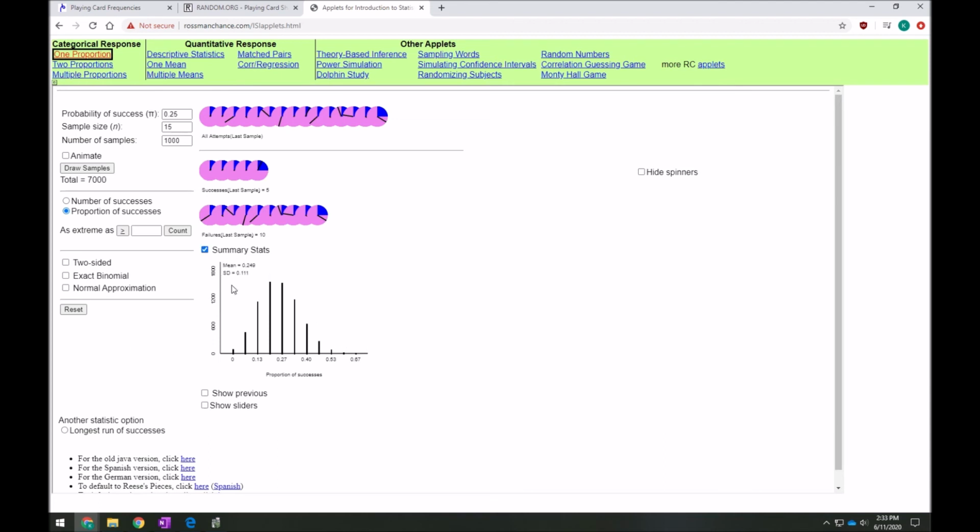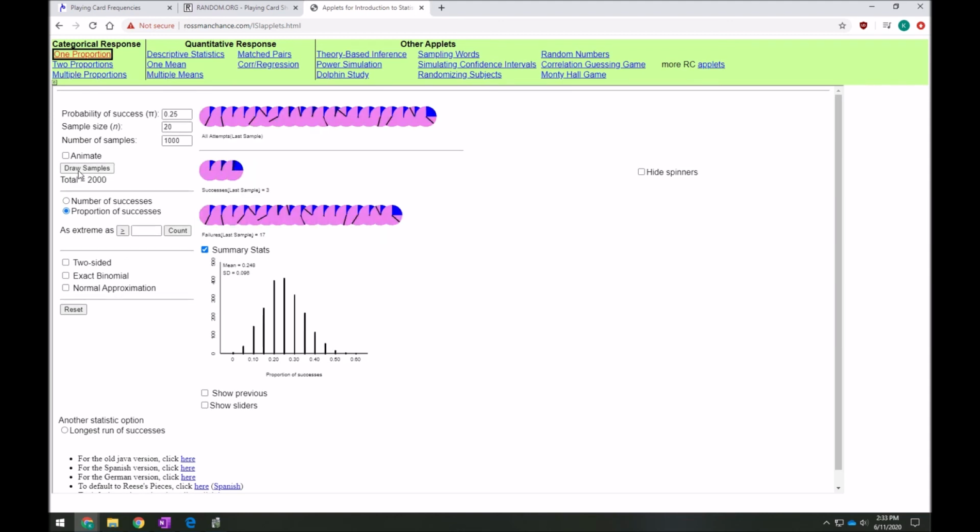Now I'm going to actually show here some summary stats to highlight some things. I can still notice that my average here, as I continue to do this, is still going to be that I get an average success rate of about 25%. So on average, about 25% of the cards are still going to be hearts. And I get my standard deviation here around 0.111. Well, notice what happens if I start going to 20 cards out of the deck. Now, if I do this a bunch of times, what I'll see is again, hey, my average success rate is still around 25%.